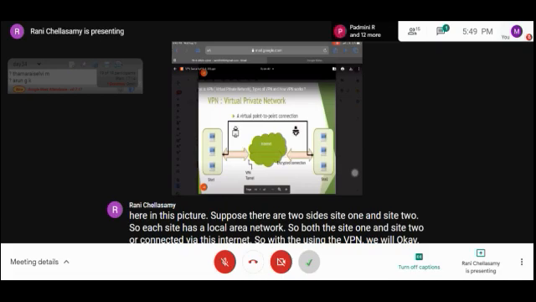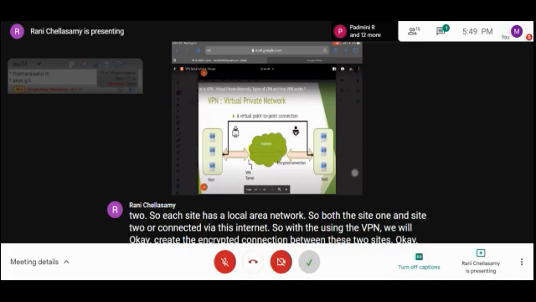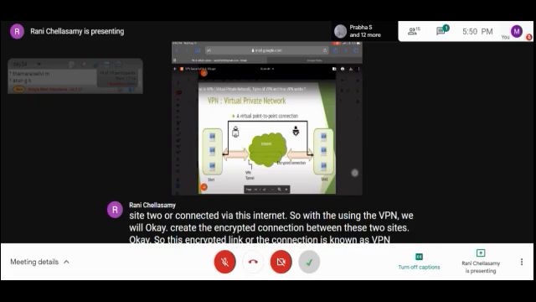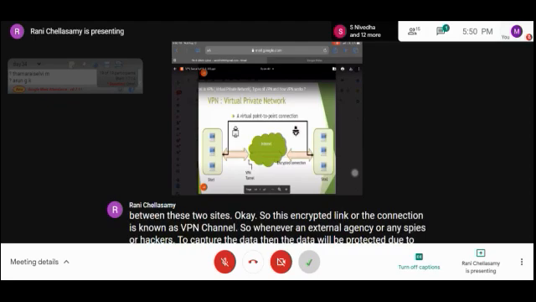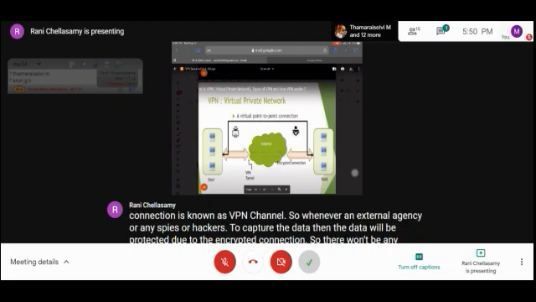Whenever an external agency or any spies or hackers try to capture the data, the data will be protected due to the encrypted connection. So there won't be any hacking because of the tunnel. The tunnel will protect the secure transmission of data. Let's see the next feature.